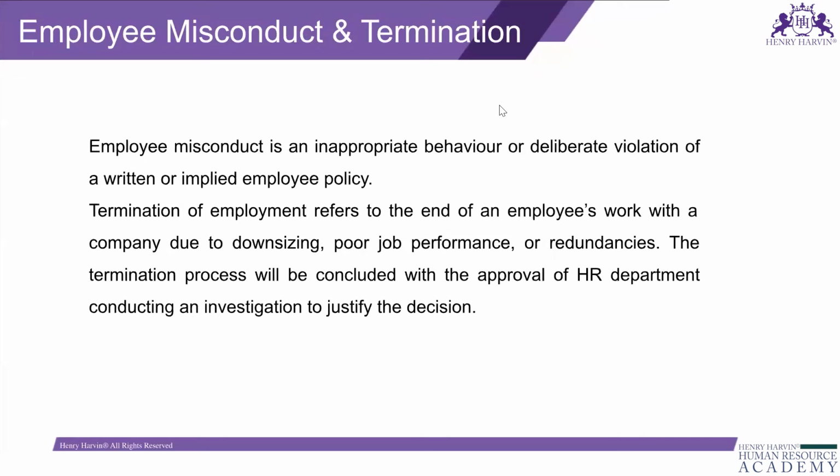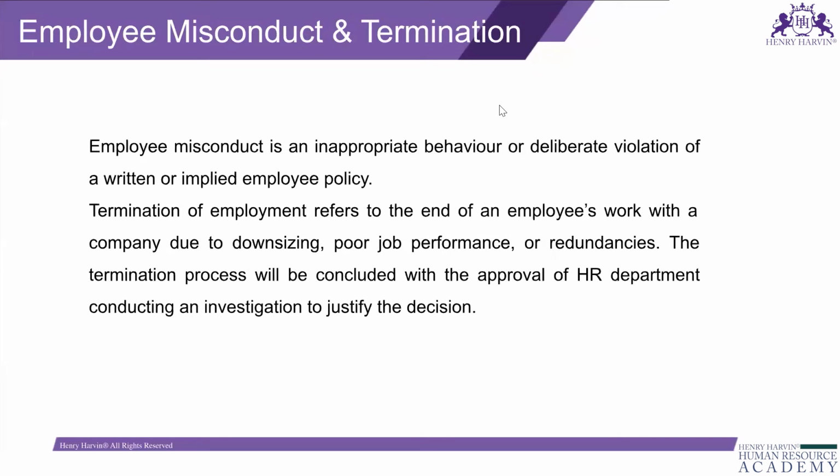They can put an end to the work of an employee in an organization. If the employee is giving poor performance in their work, then they can terminate the employee. But termination is a process. All of a sudden, you cannot terminate the employee.